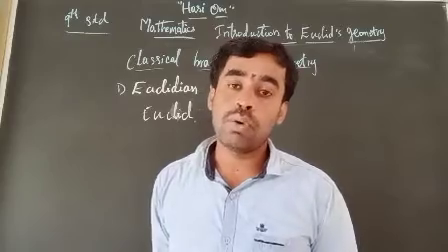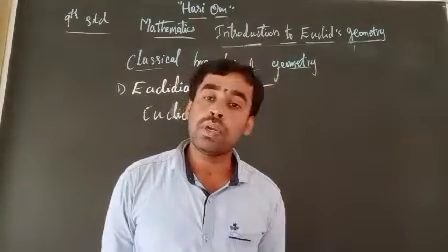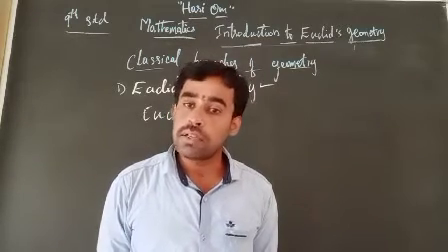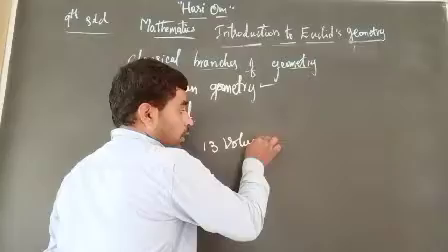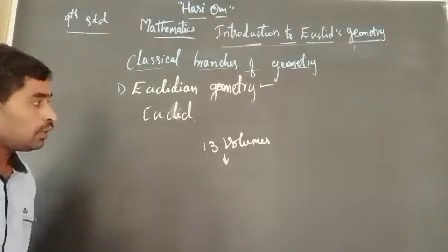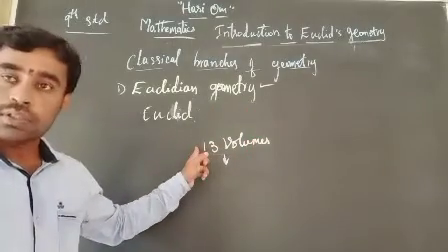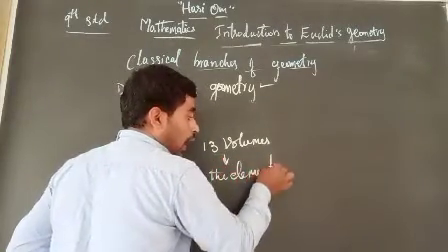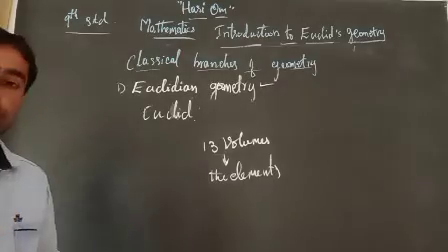It consists of 13 volumes, and it has 465 propositions.